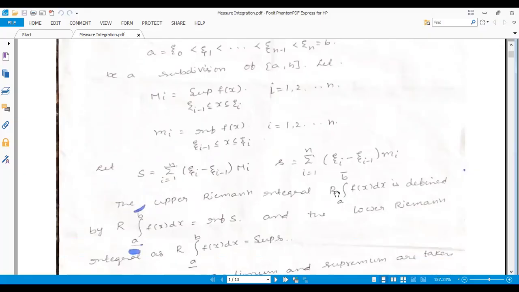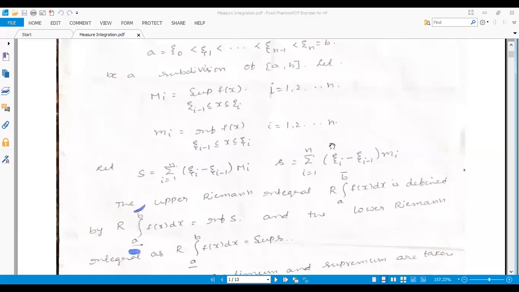The upper Riemann integral, the integral from a to b of f(x) dx with a bar, is defined as the infimum of capital S. The lower Riemann integral, the integral from a to b of f(x) dx with a lower bar, is equal to the supremum of small s.